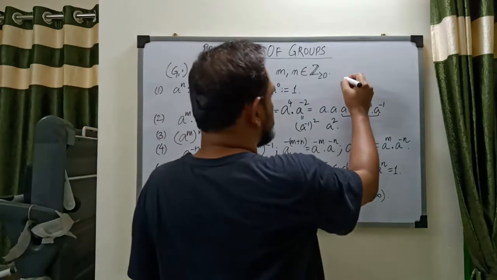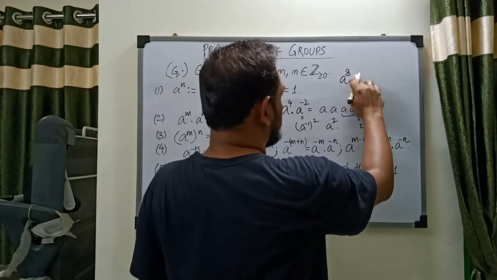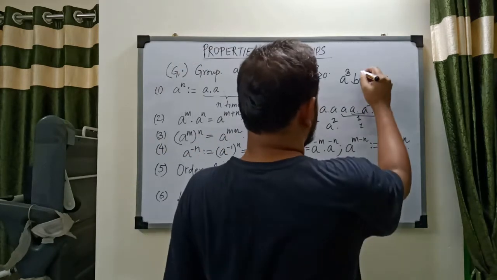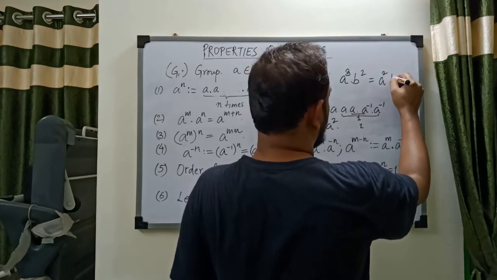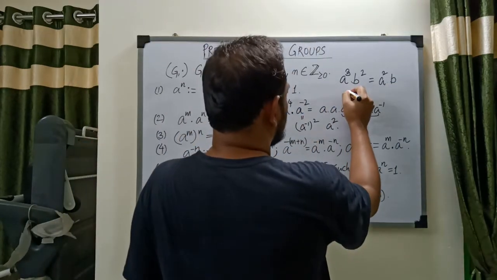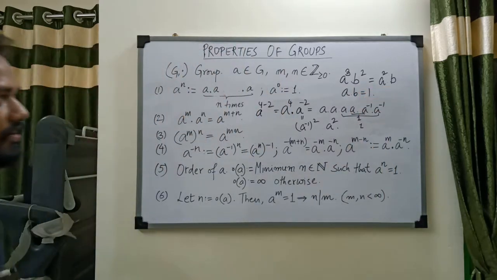So for example, say A and B are 2 elements of G, and if you get an equation like this, what would this mean? This would really mean AB is equal to 1, or the identity.